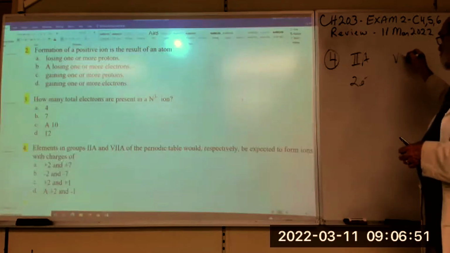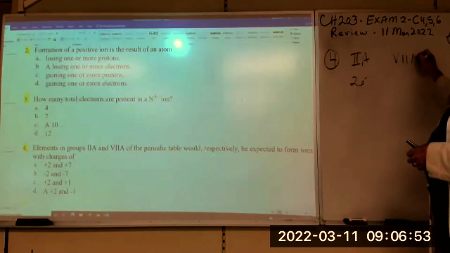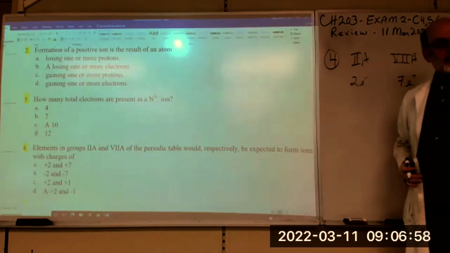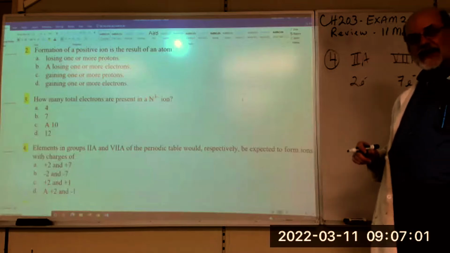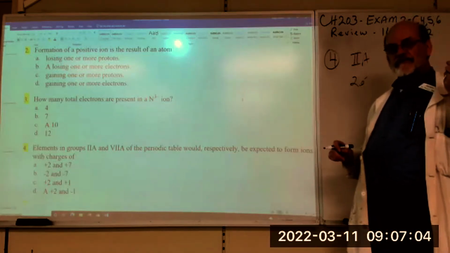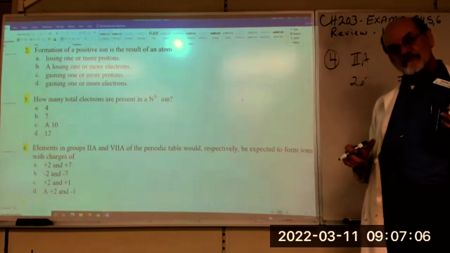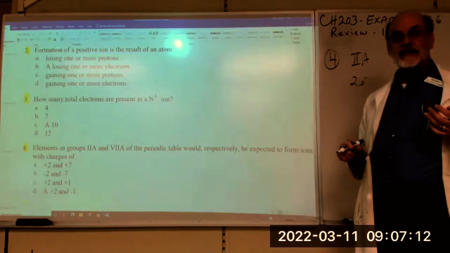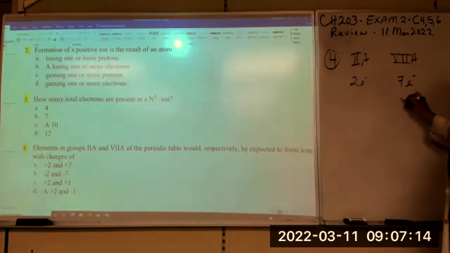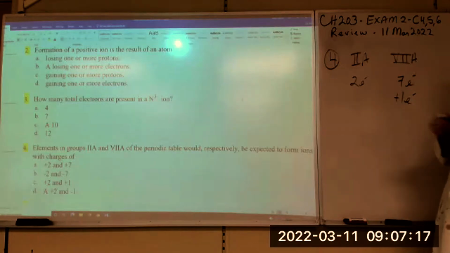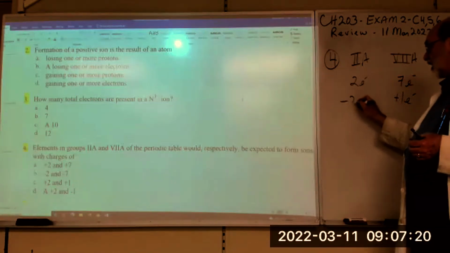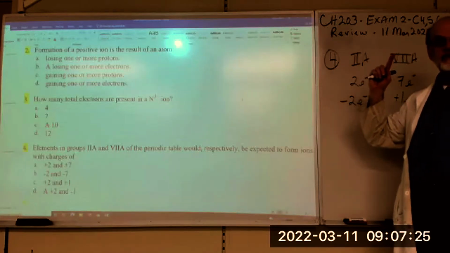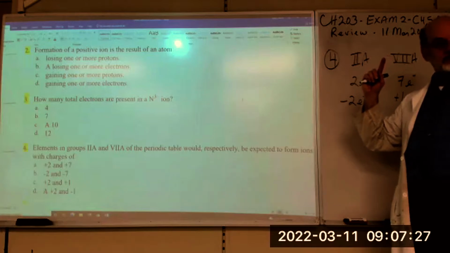For 7A's, you've got 7 valence electrons. So you have to ask yourself, what's the easiest, lowest energy way to make an octet? With these, you make an octet by adding an electron. But with these, you make an octet by subtracting 2 electrons and backing up to the next noble gas.